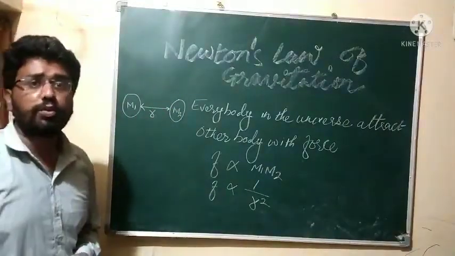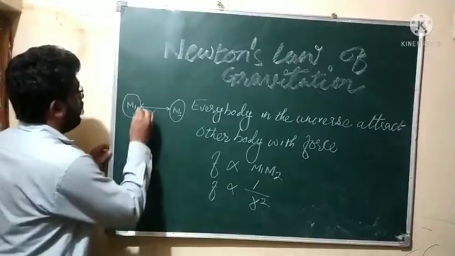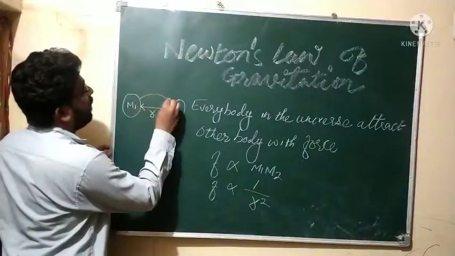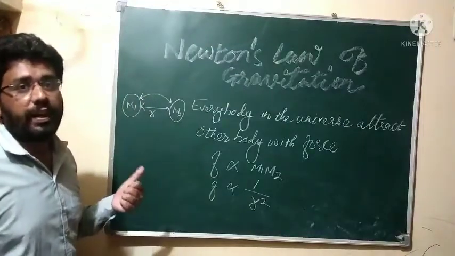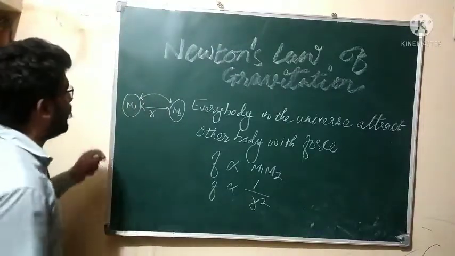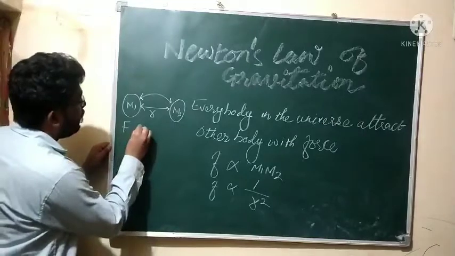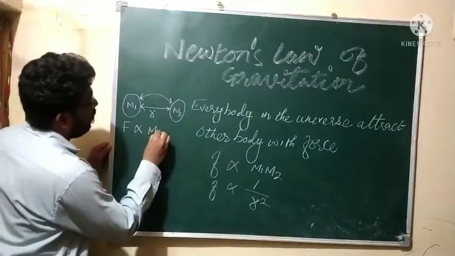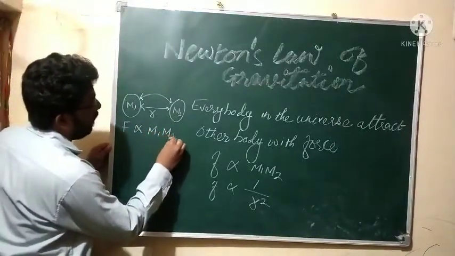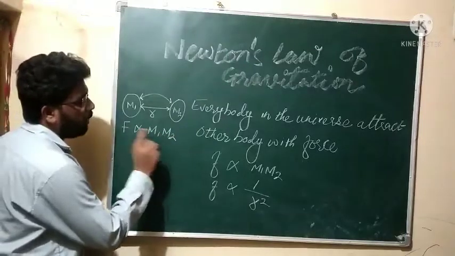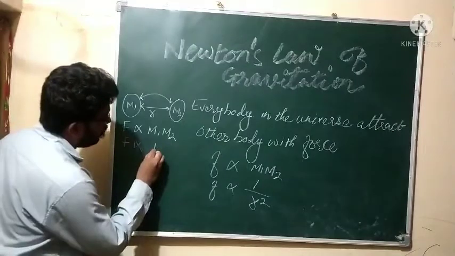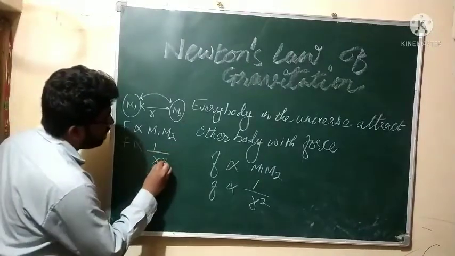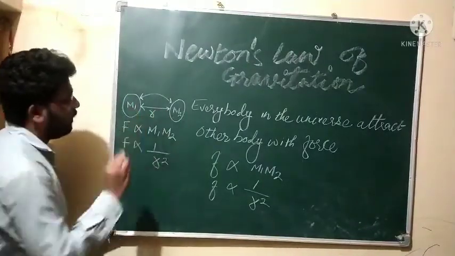So according to Newton's law, both bodies attract each other because of their mass, and this force of attraction is directly proportional to the product of these masses. Okay, so F is directly proportional to m1 into m2, and this force is inversely proportional to the square of the distance between these bodies.